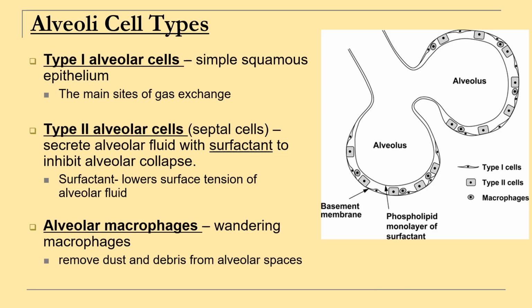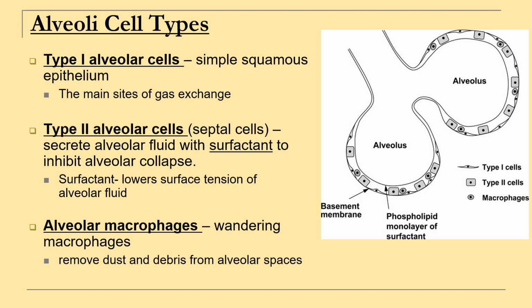A couple of cell types to be familiar with in our respiratory system. I've got my type 1 alveolar cells made up of simple squamous epithelium, and these are the main sites of gas exchange. Type 2 alveolar cells are also known as septal cells, and they secrete alveolar fluid with surfactant.